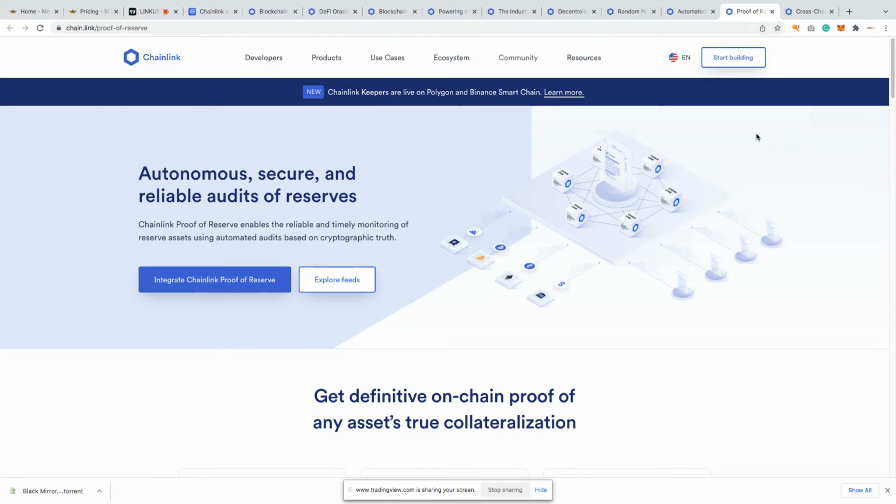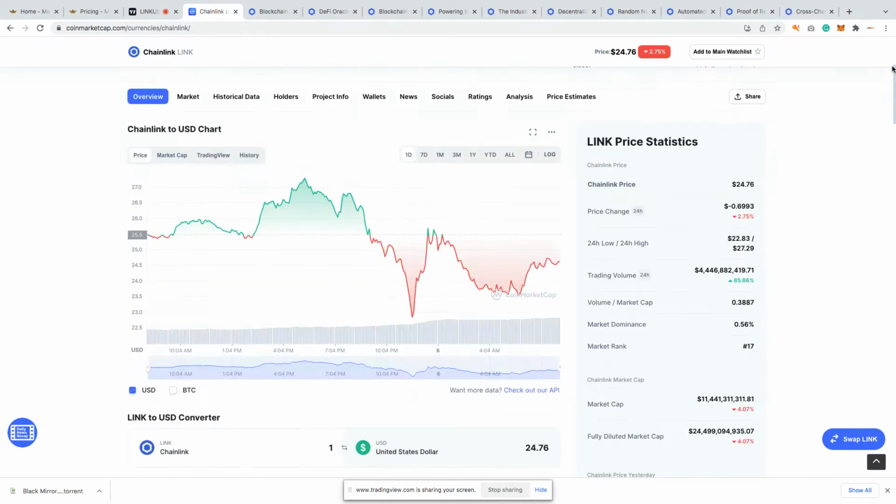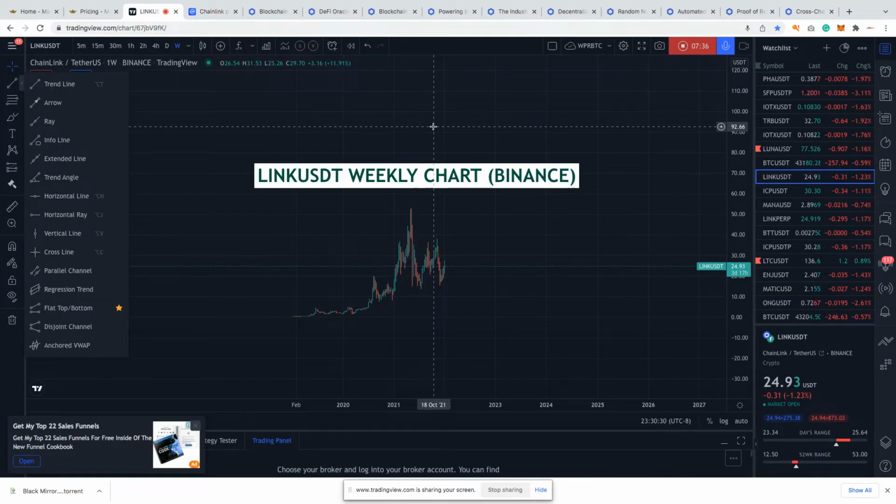When you talk about Proof of Reserve, Chainlink enables the reliable and timely monitoring of reserve assets using automated audits based on cryptographic truth. Now, this is a lot of services, but I know these can be understood better if you're a developer and you need to link your apps and all of that.